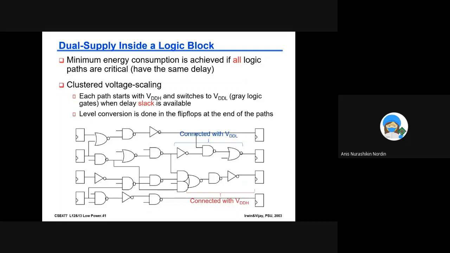So for example, in this case, this one is the critical path. It has the highest delay and it has the most gates that it's passing through. So it will be connected to VDD high. And this one is the lower path. It will be connected to VDD low.